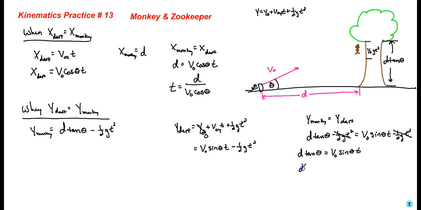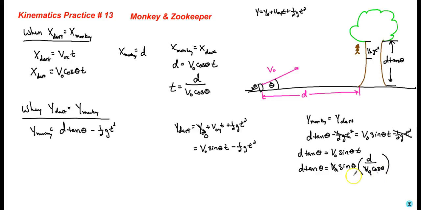So we get d tangent theta is equal to v sub o sine theta, and then for t, it's d over v sub o cosine theta. And very quickly, the v's cancel out.